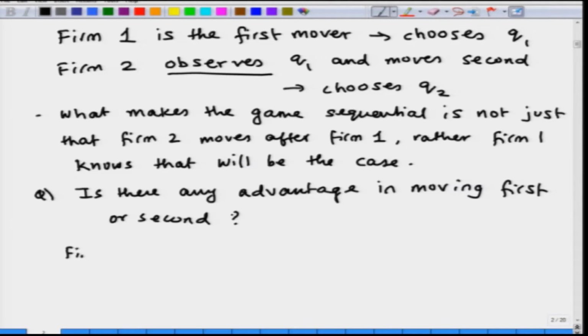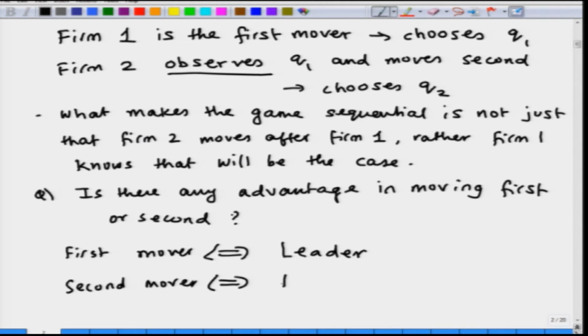Now, the firm which moves first, the first mover, is also called the leader. The firm which moves second, which is firm 2, the second mover, is called the follower. So, sometimes we use the terms analogously. We will use the first mover, or we will simply call it the leader. In this case, it is firm 1, or we may simply use the word follower or second mover.